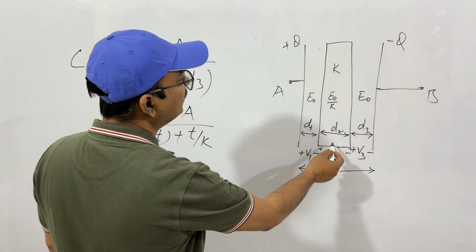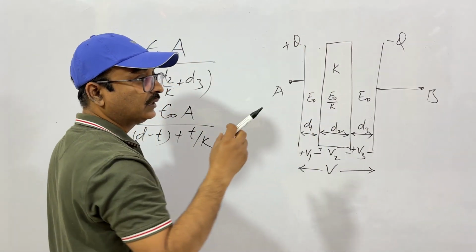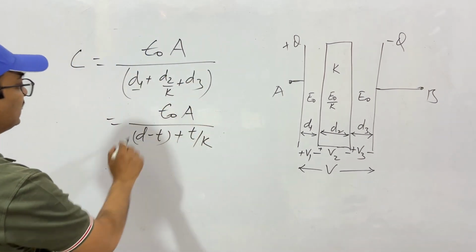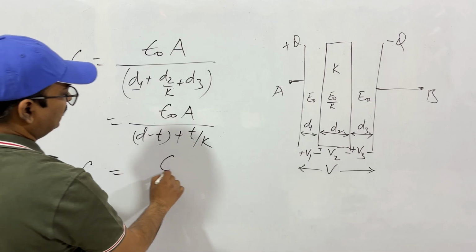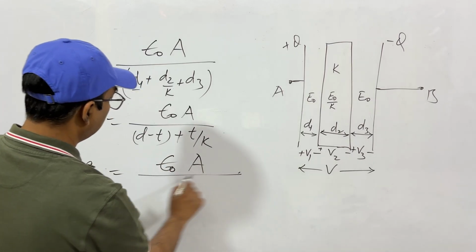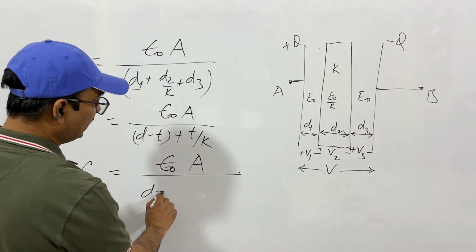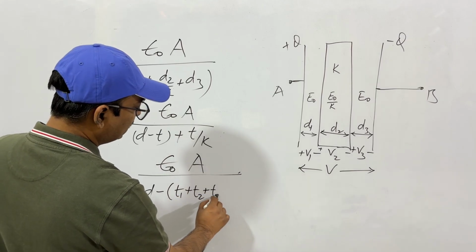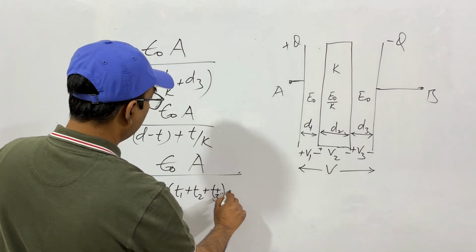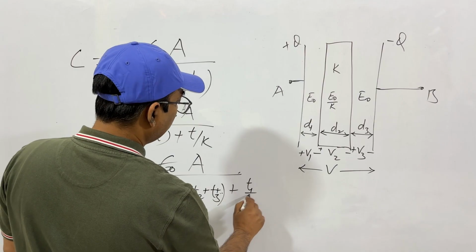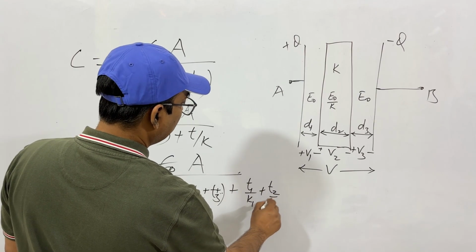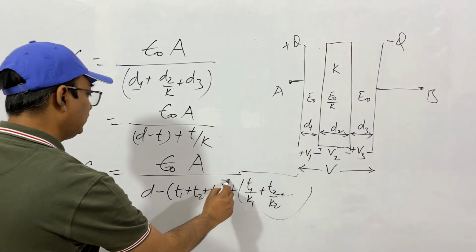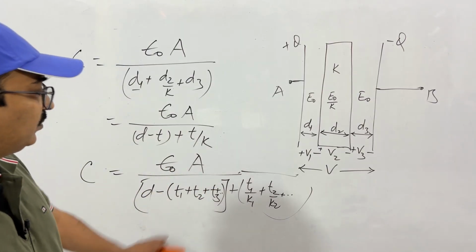If instead of one t, you have many slabs of thickness t1, t2, t3, t4, the generalized expression will be d, the distance between the plates, minus t1 plus t2 plus t3 and so on, plus t1 by K1, t2 by K2 and so on. So this can be generalized like this. You should keep this in mind.